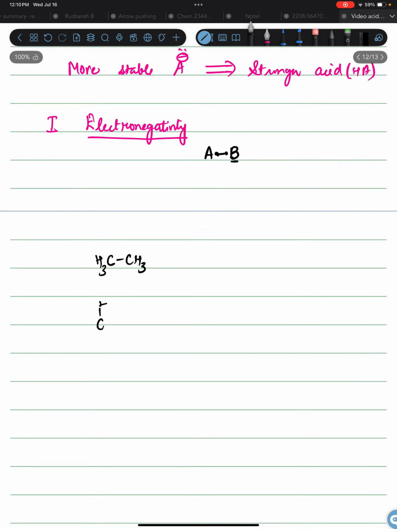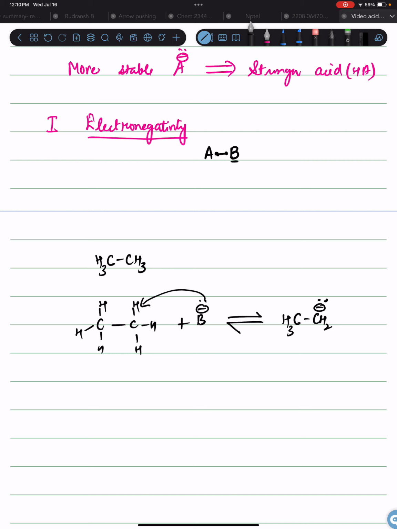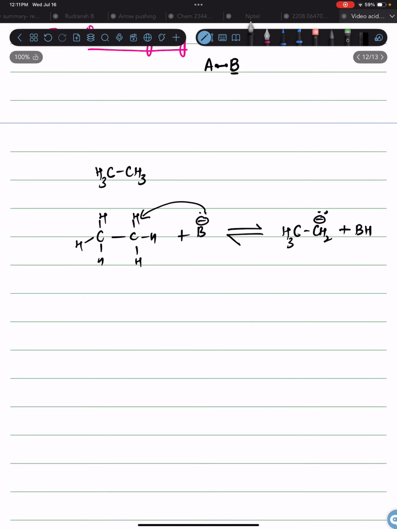If I write this in the expanded form, CH3 CH3, and there is a base B negative, it takes one of the protons, and what you get is CH3 CH2 negative. The base can take any one of the protons because all of them are equivalent. So this is one reaction.